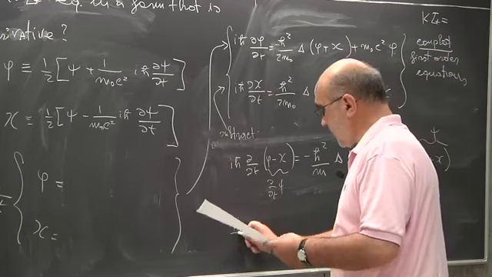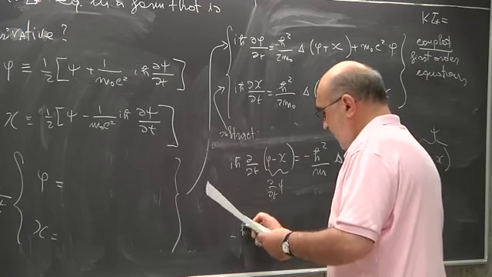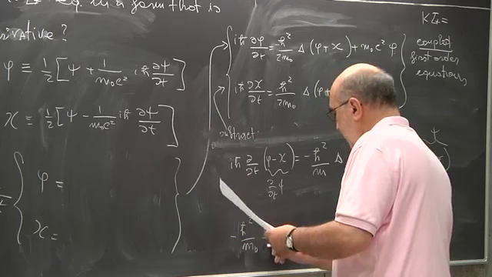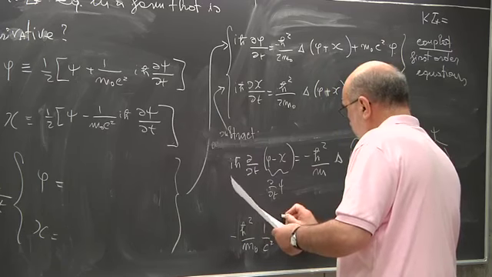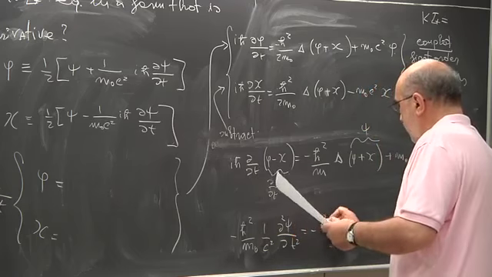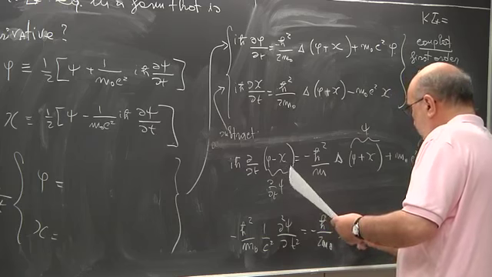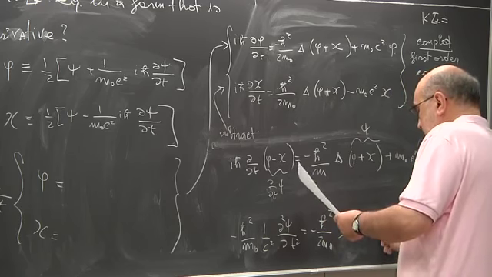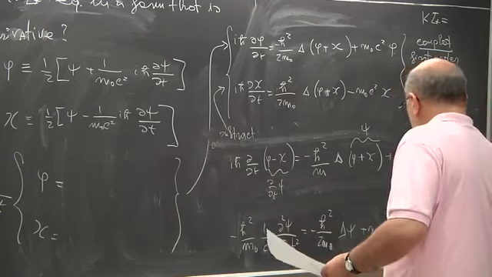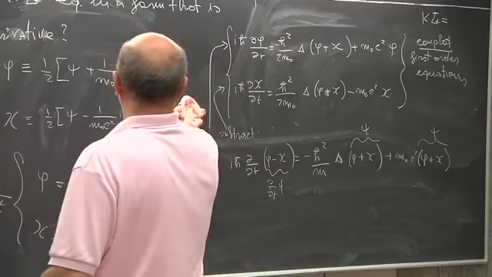And what you get at the end is minus h square over m0, 1 over c square, the second derivative of psi with respect to t square, minus h square over 2 m0 Laplacian of psi plus m0 c square psi. Actually, you don't get this. First you get, let me go here.